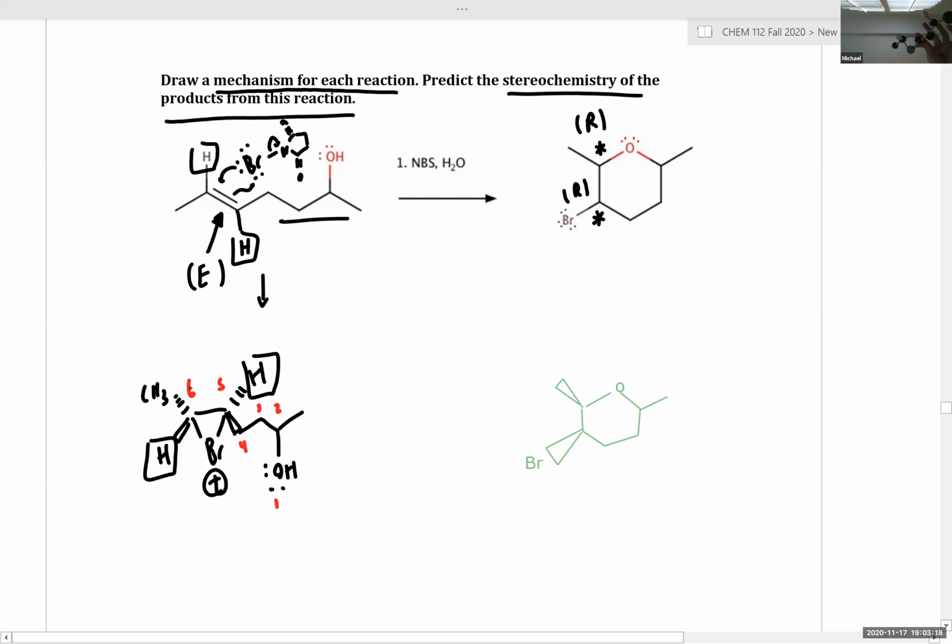Favorability for ring formation is a topic that will be covered in more detail in the next organic class, because we'd have to talk a little bit about the cyclization rules. In general, 6-membered rings are more stable, while 5-membered rings are often the kinetic product. We're going to just presuppose that we have attack to generate a 6-membered ring.